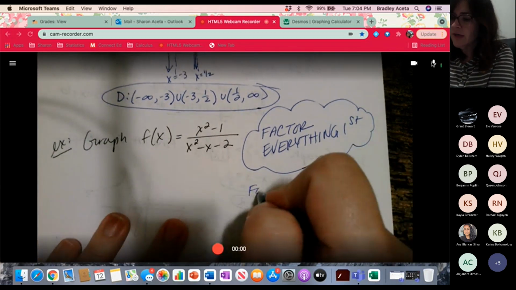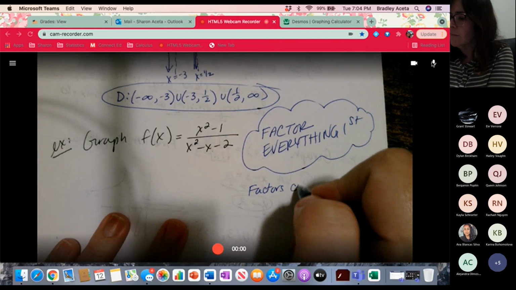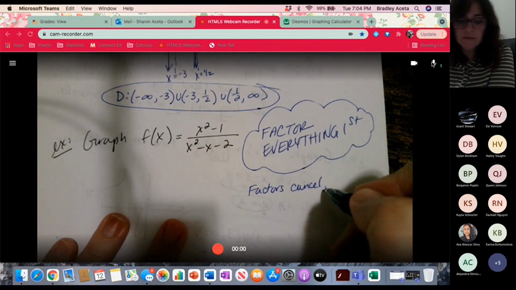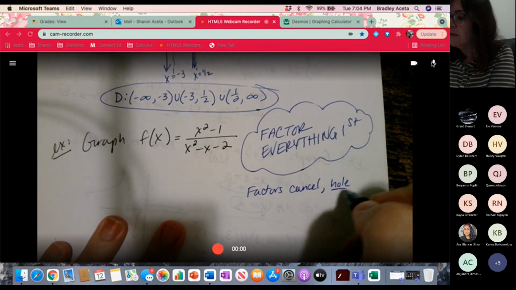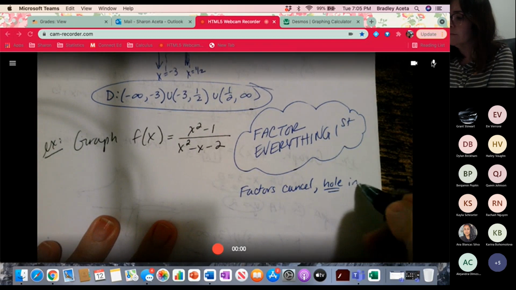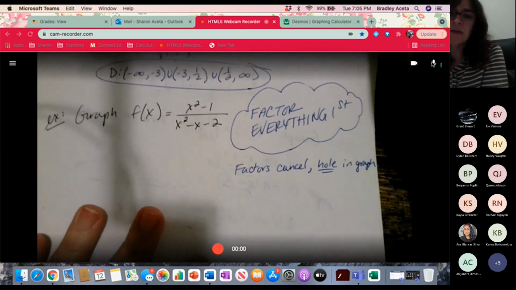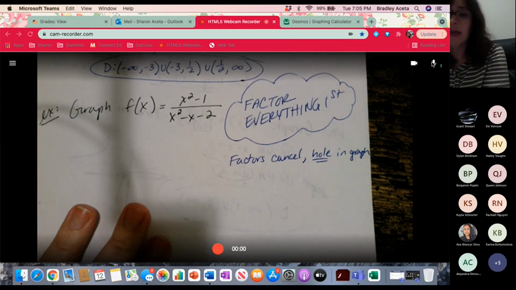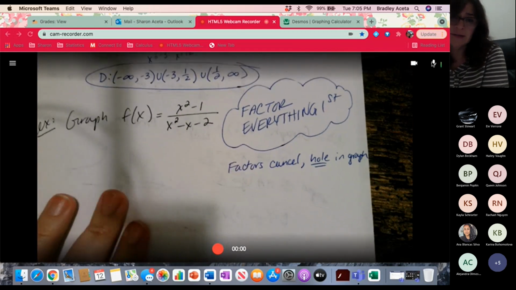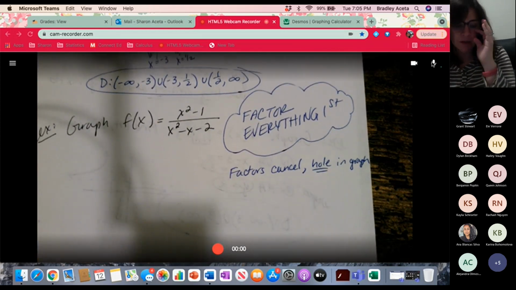If your factors cancel, then you have a hole in the graph. And that's why I said I'm interested to see how Desmos does it. In the calculator, you cannot tell there's a hole there.